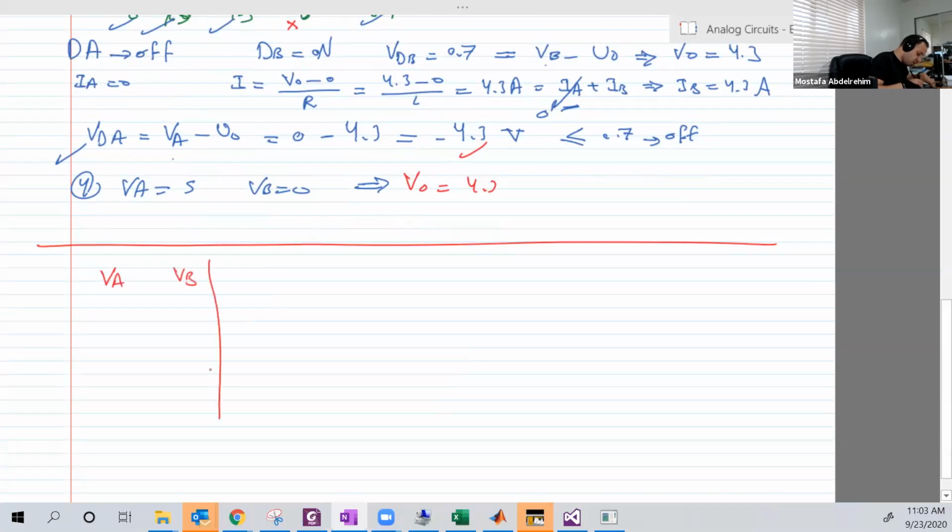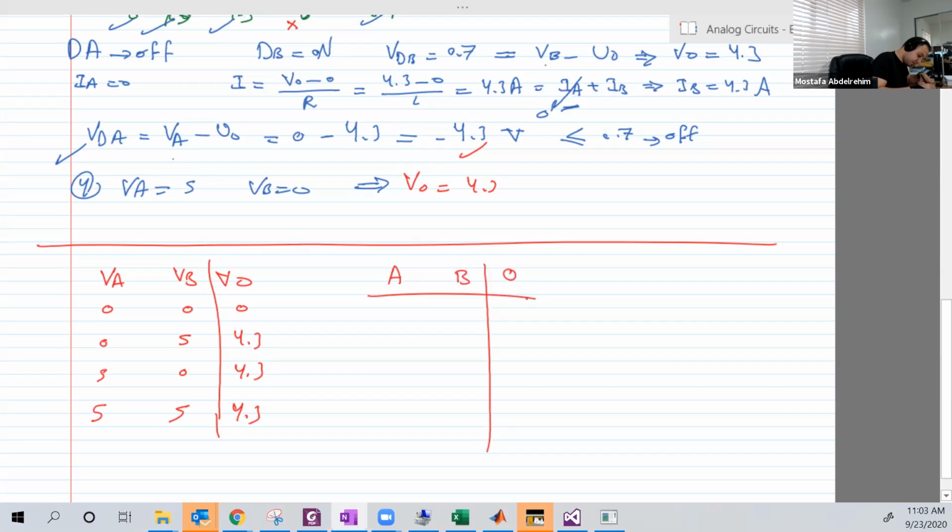VA, VB, and VO. 0, 0 gives us 0. 0, 5, 4.3. 5 and 0, 4.3. 5 and 5 gives us also 4.3. As symbols: low, low, low; low, high, high; high, low, high; high, high, high.